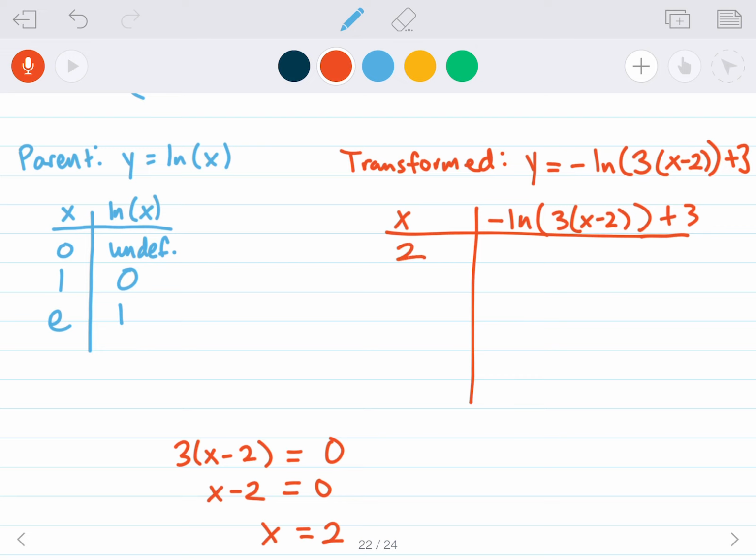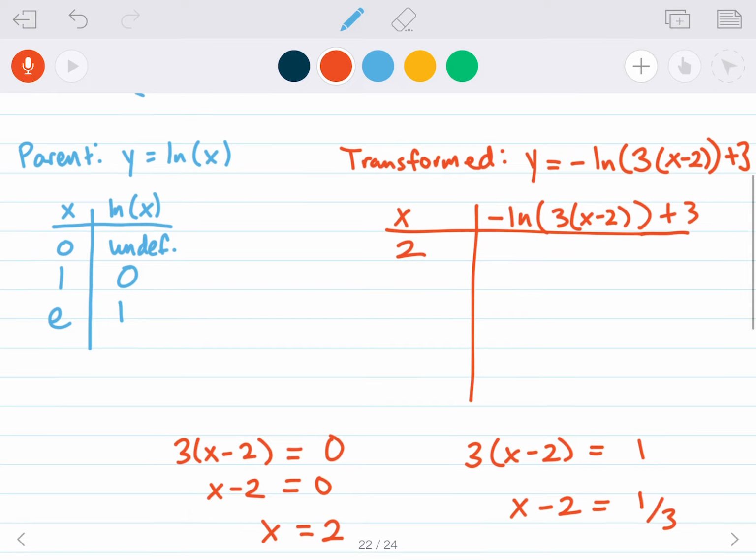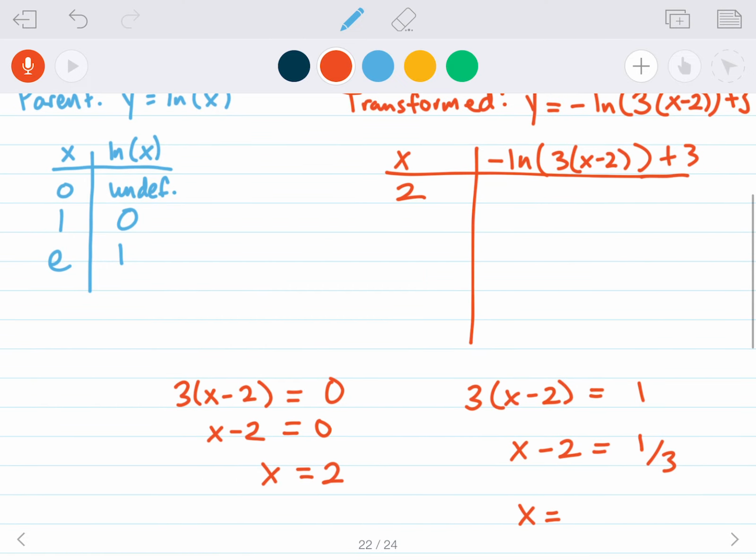All right, let's do the next one. So we have 3 times x minus 2 equals my next x value, which is 1. Divide both sides by 3, I get x minus 2 equals a third. And then if I add 2 to both sides, I get 1/3 plus 2. 2 is 6/3, so that's going to be 7/3 is my second x value.